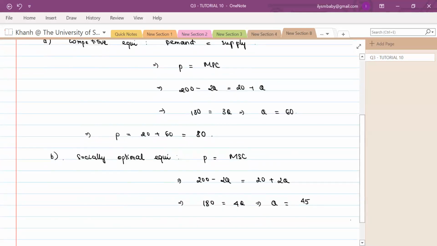The price, substituting back into the demand curve or the marginal social cost curve, is 200 minus 2 times 45, so that is 110.